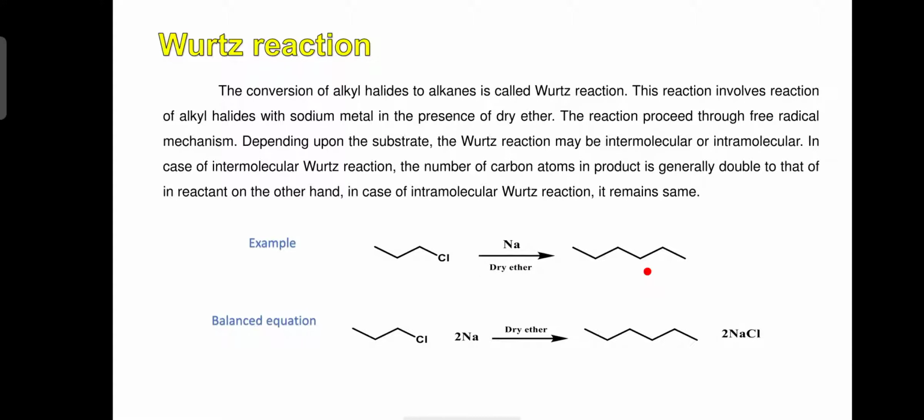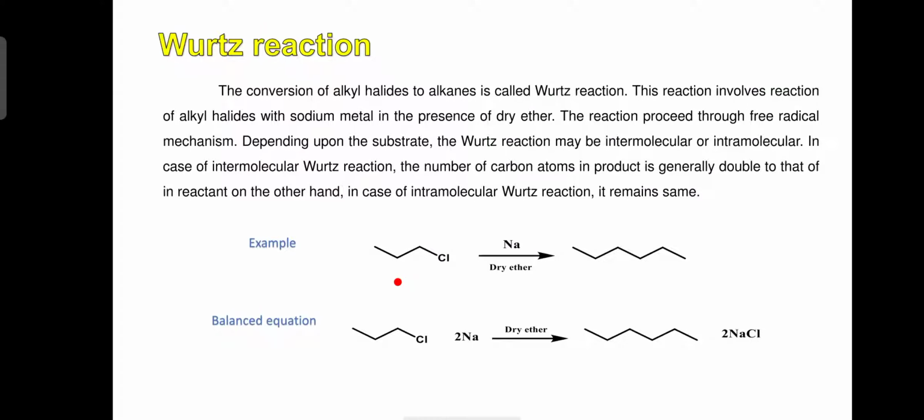The reason I used the word longer is that two molecules of alkyl halides couple together to form a single molecule of alkane, and the product usually contains double the number of carbon atoms present in the reactant.